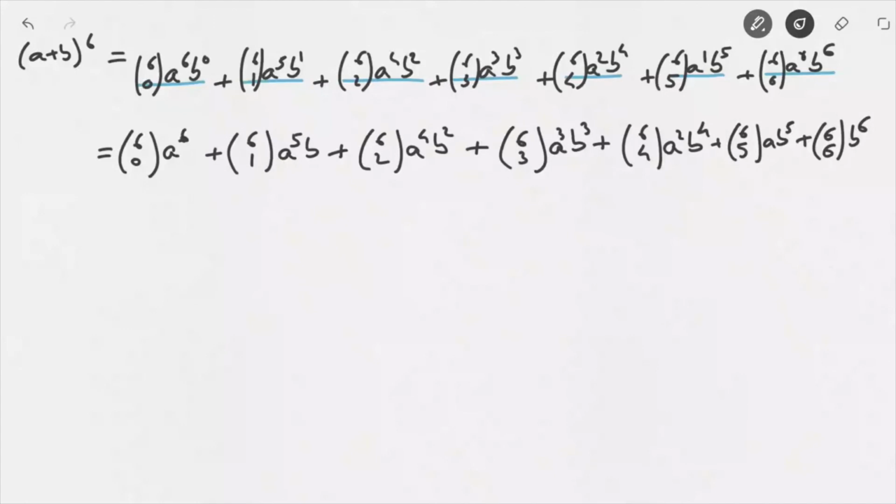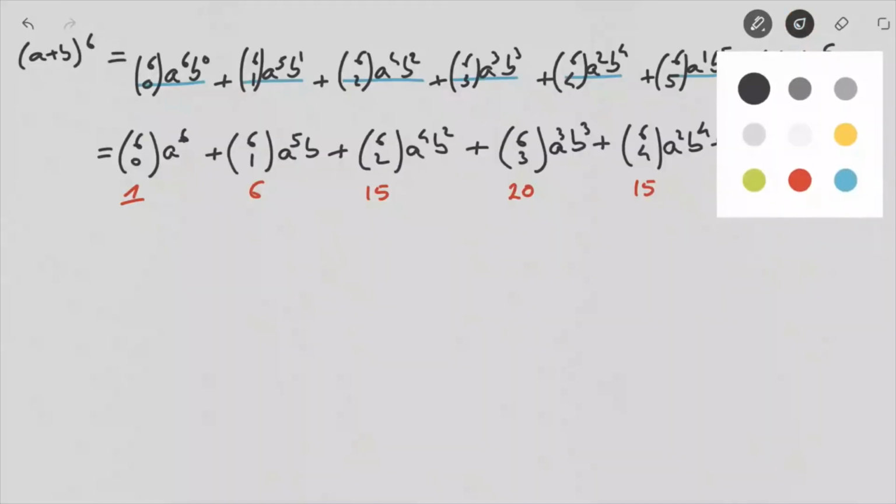All we need to do now is calculate the binomial coefficients. And if we do that, we'll find that the first one is equal to 1, the second is equal to 6, the third is equal to 15, the fourth is equal to 20, the fifth one is equal to 15, the sixth one is equal to 6, and the last one is equal to 1. So we can write our final answer.